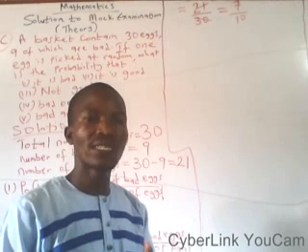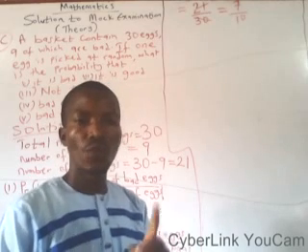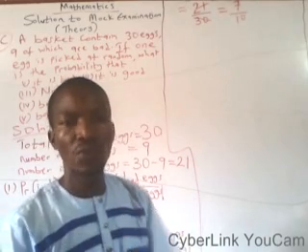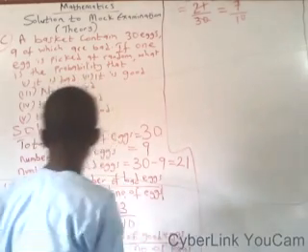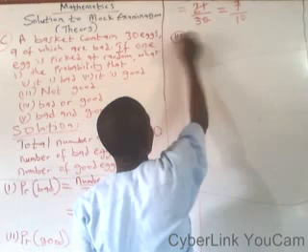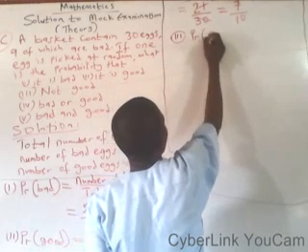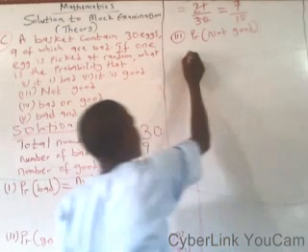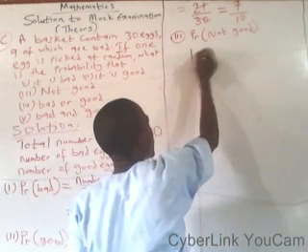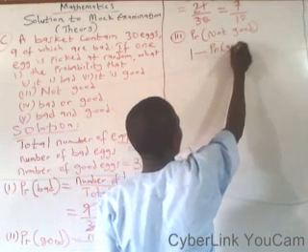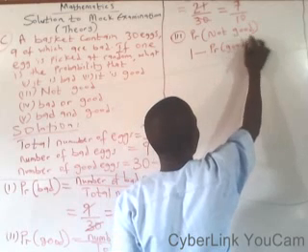In probability, when you see the word not, it means 1 minus the probability of that particular event. The probability of not good simply means 1 minus the probability of good eggs.